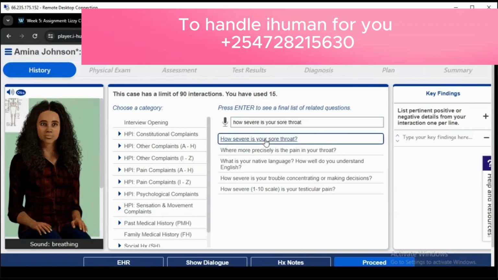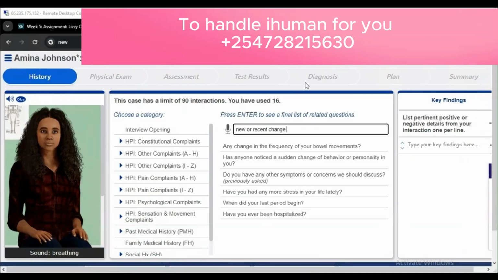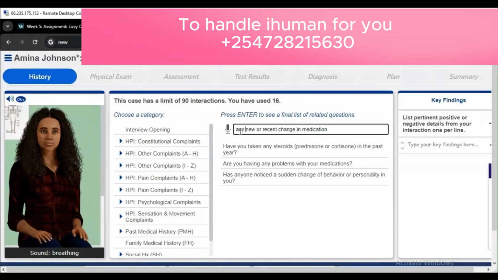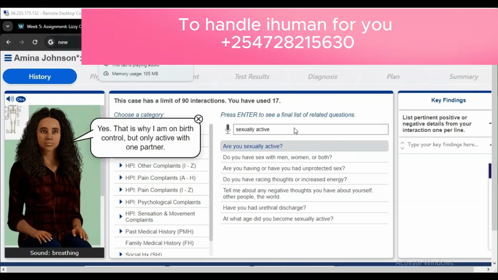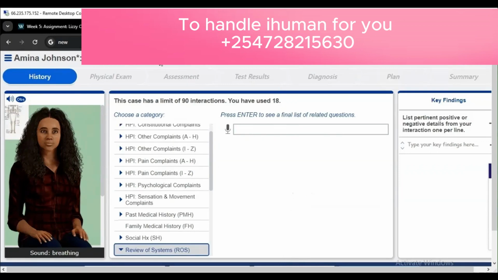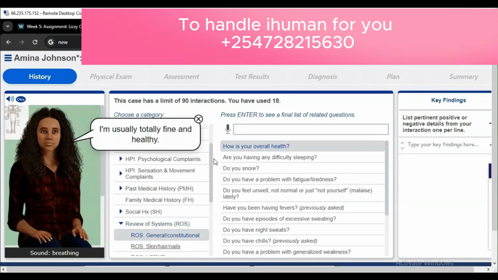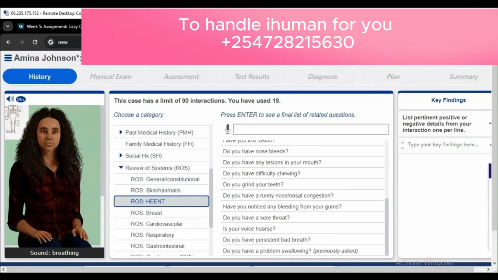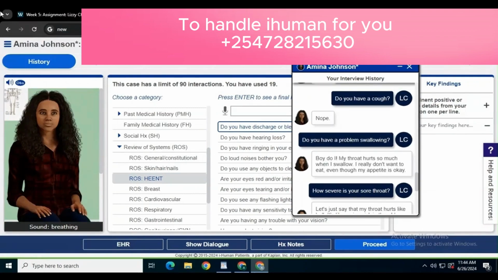One of the most used formulas or approaches or strategies when dealing with these cases is the OLD CARTS approach. OLD CARTS is an abbreviation, meaning you have to deal with the onset, location, duration, characteristics, anything aggravating the symptom, anything that gives the patient relief, and also the treatment if the patient has had any treatment for those symptoms, and then the severity.